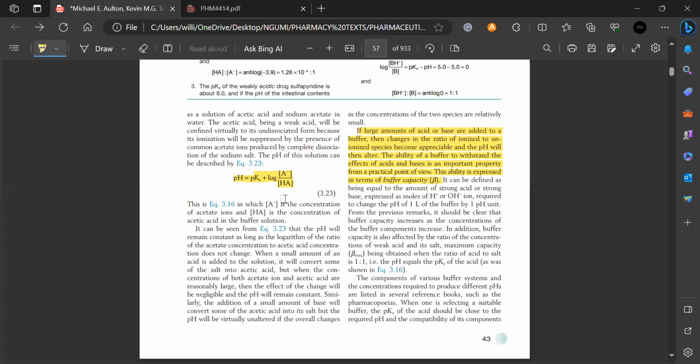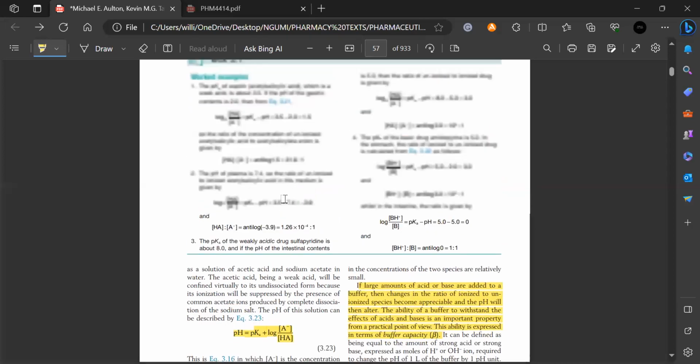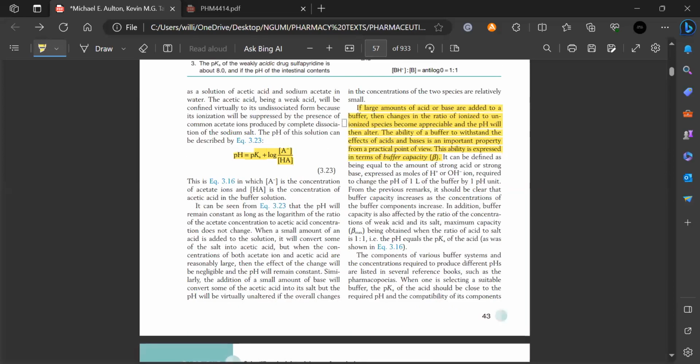Cool. Important to note, just in buffers, the ability of a buffer to withstand the effect of acids and bases is an important property, and this is what we call the buffer capacity. Buffer capacity: ability of a buffer to withstand the effects of acids and bases.